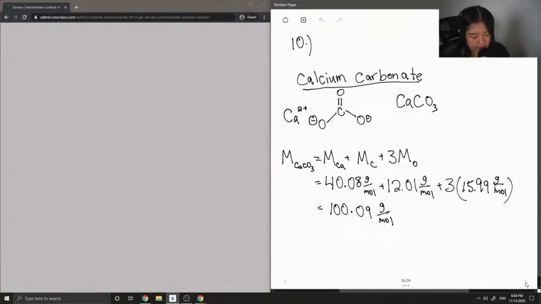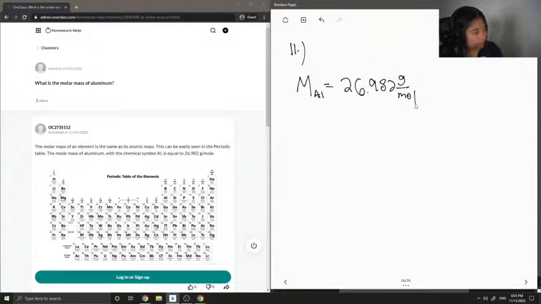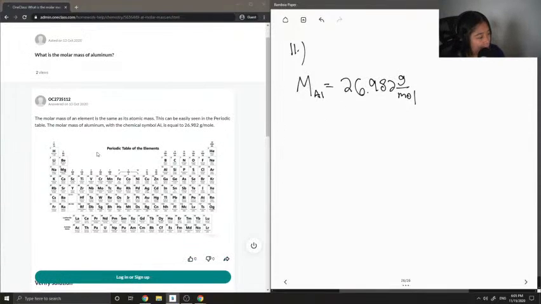Okay, on to question number 11. What is the molar mass of aluminum? Basically, you just really need to look this up on the periodic table, and it is 26.982 grams per mole. Okay, so let's see what the junior tutor said.